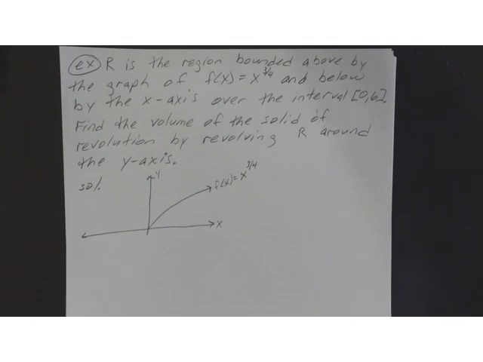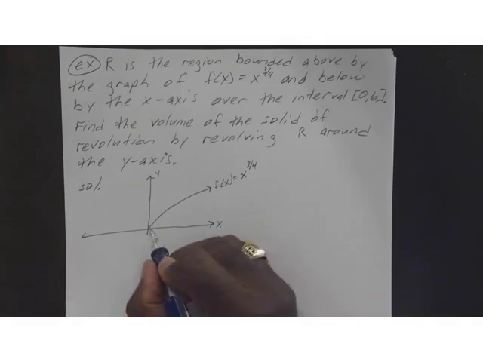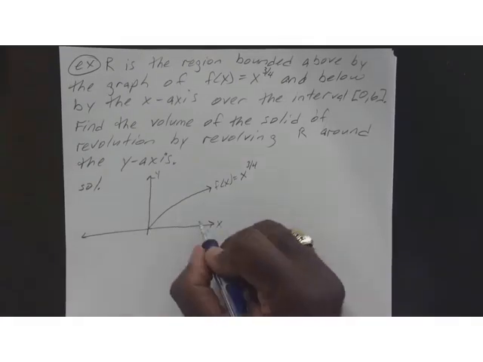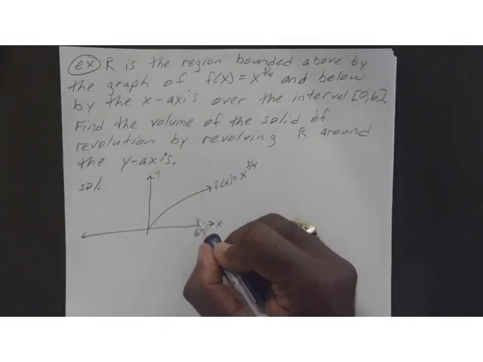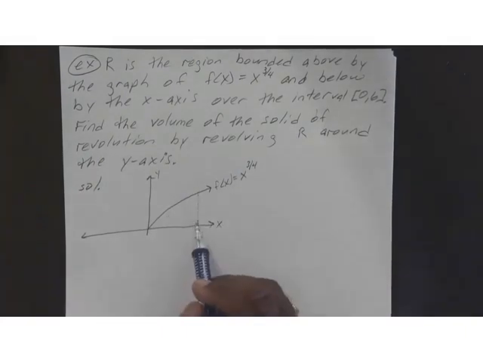But we're just looking for the interval from x equals 0 to 6. So we'll say 6 is somewhere around here. So we're just looking for this interval right here.